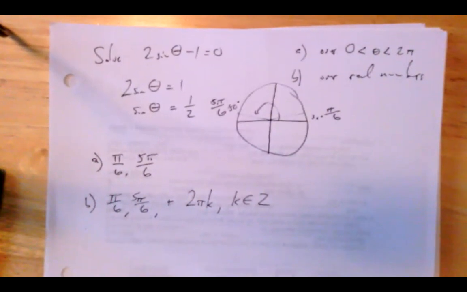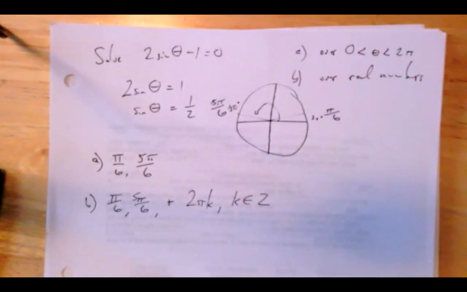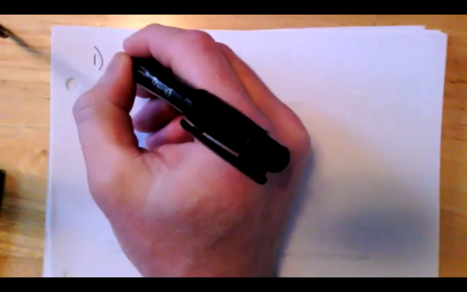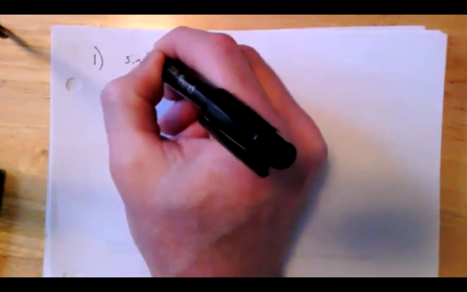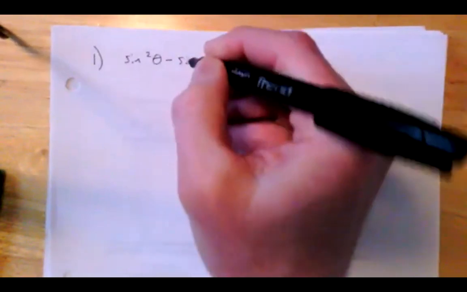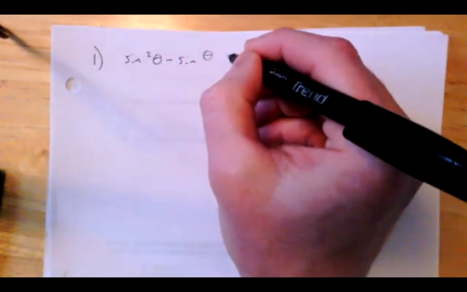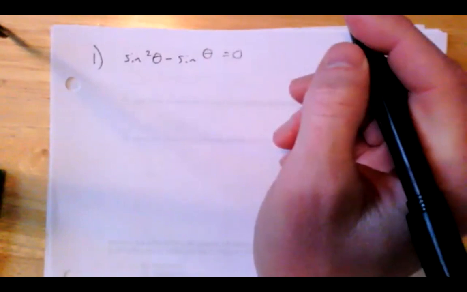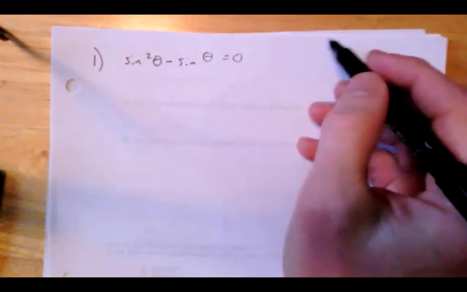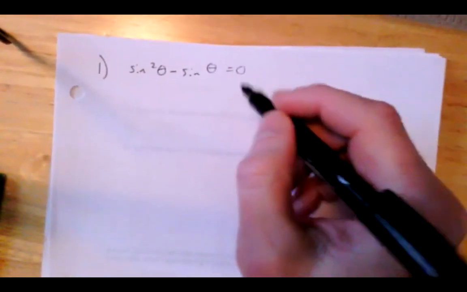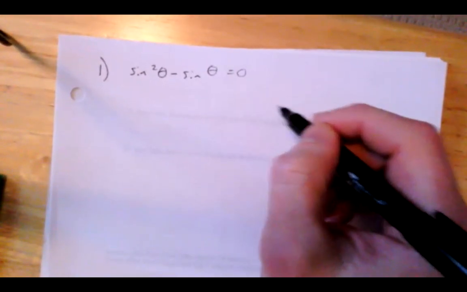So I got that from the top of 210. Moving on to 211. They're starting to number the examples here. So number 1 says solve sine squared theta minus sine of theta equals 0, between 0 and 2 pi again, and over the real numbers.